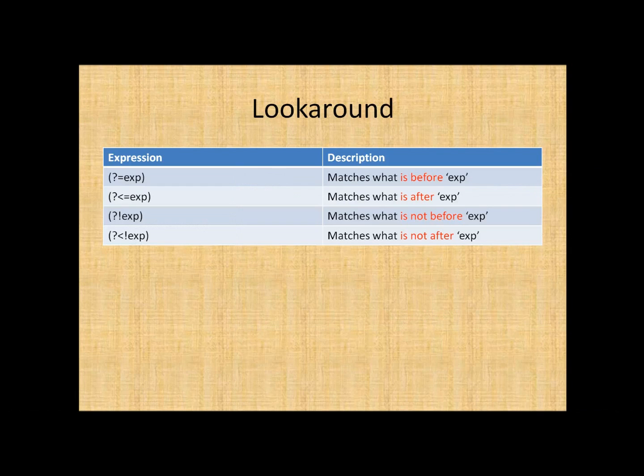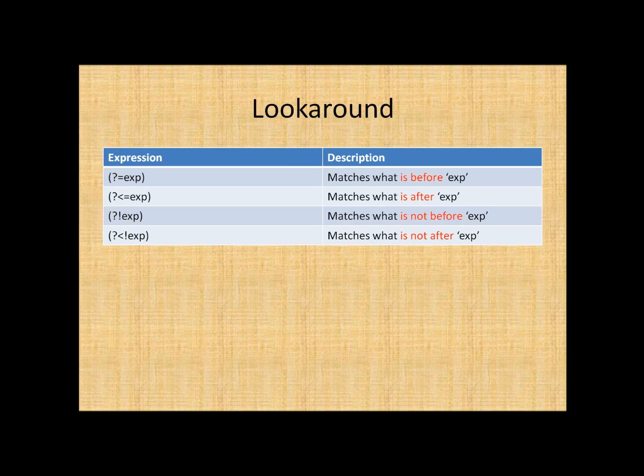Another cool thing about regular expressions is the look around. Basically what it does is that it looks around your expression and it matches it depending on what comes before or after, or what doesn't come before or after. As you can see in the 4 lines, the first one is with the question mark equal and then an expression.